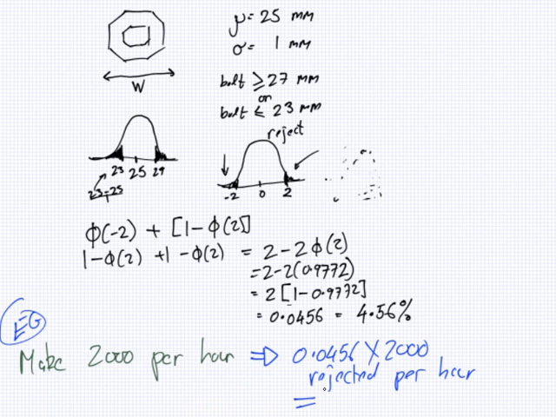It'd be like 92 or something. 91. Okay, 91.2. So we'll have 91 rejects per hour.